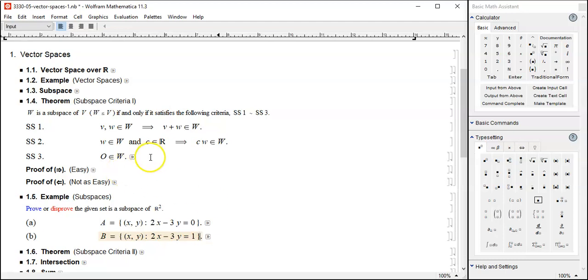My suggestion is, before anything, try this. Plug in 0, 0 first, before anything. That's why I inserted this condition. So let's do that. Plug in 0, 0 right here. x is 0, y equals 0. What do you get? 0 equals 0? That's okay. So 0 is in there.